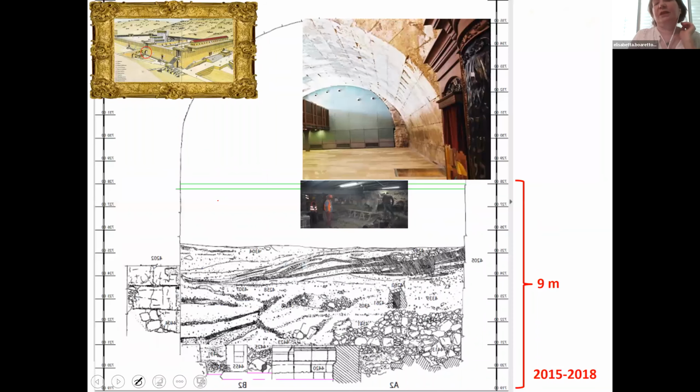So these are 9 meters of excavation that were done during 3 years under the Wilson Arch. Here you see in scale, this is the side of the western wall. There were some layers that were coming down, and then here is already the theater.